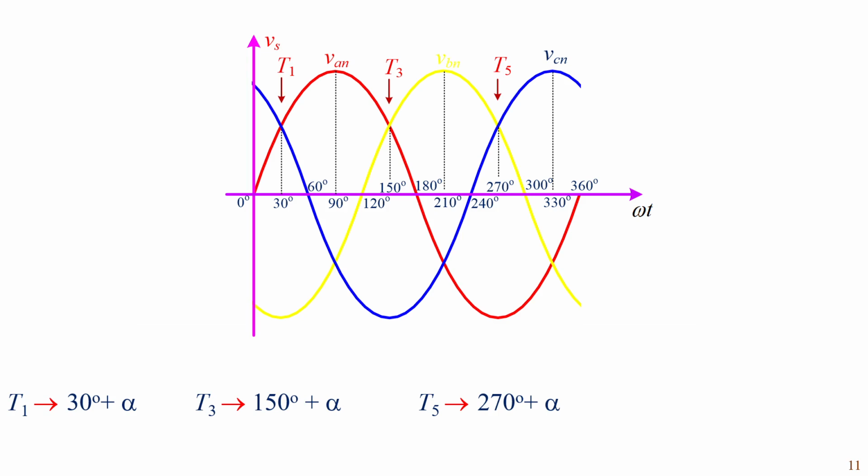Hence, T1 is turned on at 30 plus alpha. Similarly, T3, which is connected in B phase, the B phase voltage is more positive with respect to A phase from omega t equals to 150. So T3 is turned on at 150 plus alpha. Similarly, T5, which is connected in phase C, is turned on at 270 plus alpha.